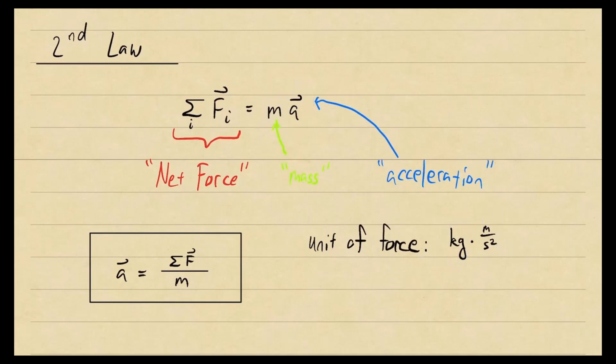But physicists are lazy, and we don't always want to write kilograms times meters per second squared. So we've defined another unit, capital N, where N is called the Newton. If you invent physics, I think you deserve to have a unit named after you.